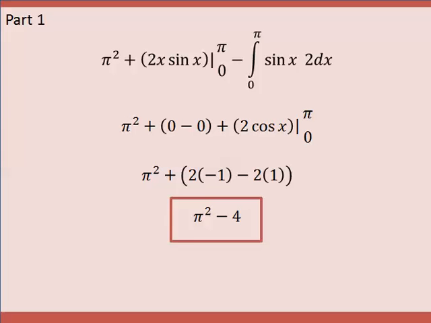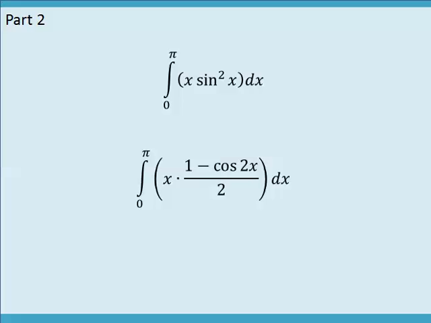And so this first evaluation, I just get 0 minus 0. Then the antiderivative of sine x is negative cosine x, and my double negatives cancel. Then I just need to evaluate cosine x from 0 to pi. When the dust settles, I'm left with pi squared minus 4.